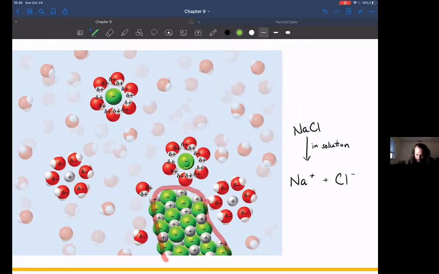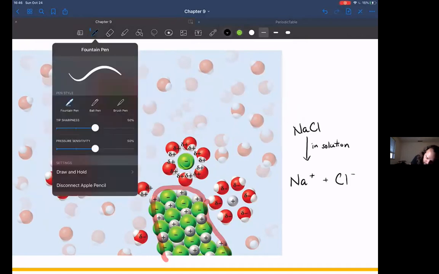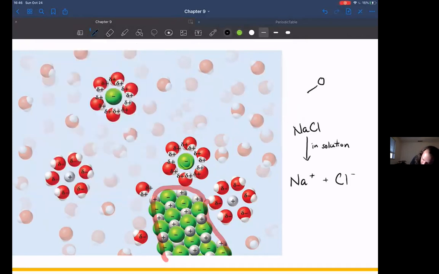Okay, so water is a polar compound. Let's draw it out here. The back end with the oxygen has a partial negative charge, and the front end with the hydrogen has a partial positive charge. So these partial positive charged ends will end up aligning with that negatively charged chloride ion.